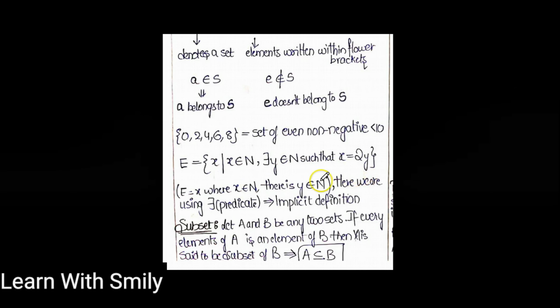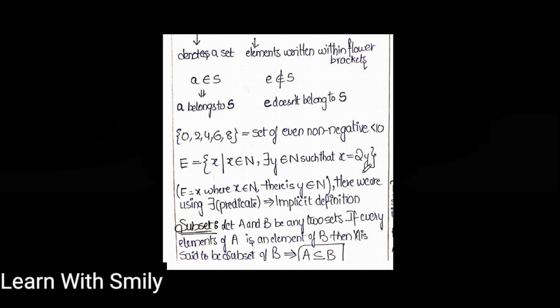Let me explain this. We are taking a set and an element, and that element belongs to capital N. In set theory, capital N denotes natural numbers. So the element belongs to natural numbers, and there is another element Y which also belongs to natural numbers such that X equals 2Y. Why have we written this formula? Because we are considering only even numbers.